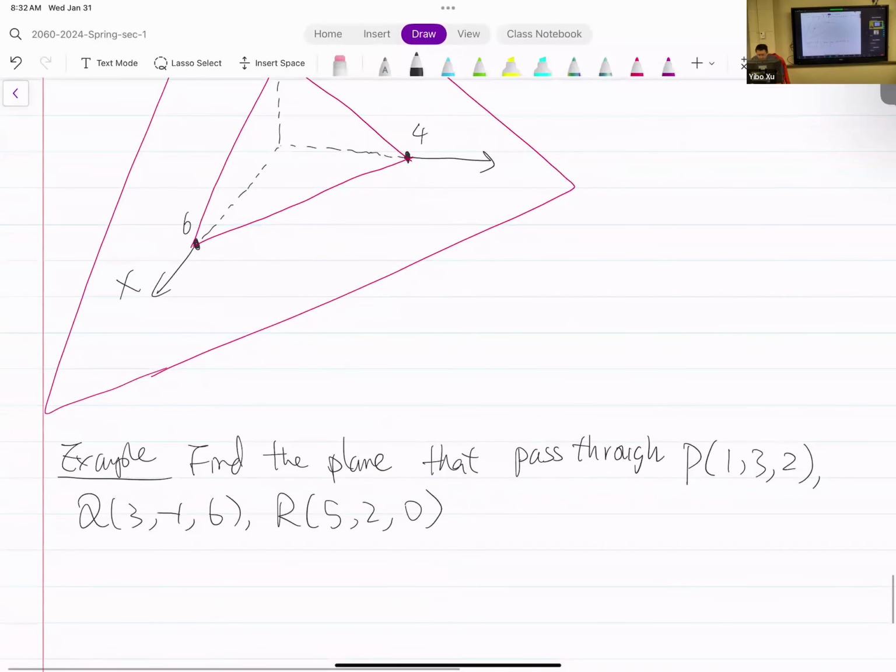Basically, 3 points in three-dimensional space will define your plane as long as they are not along the same line.